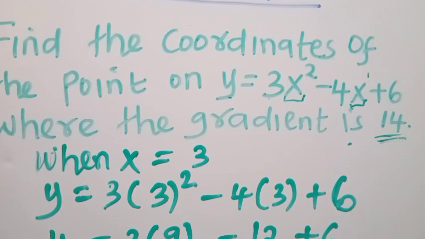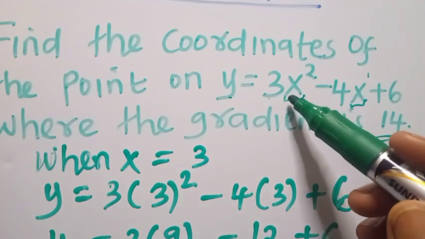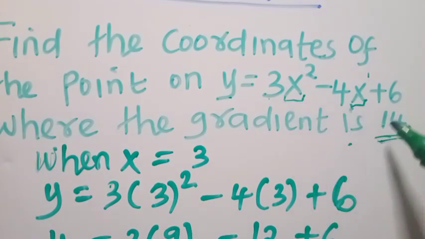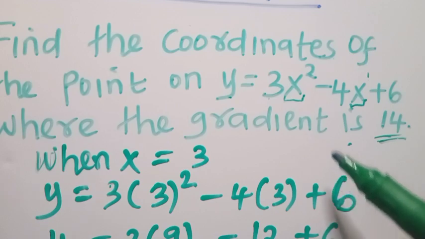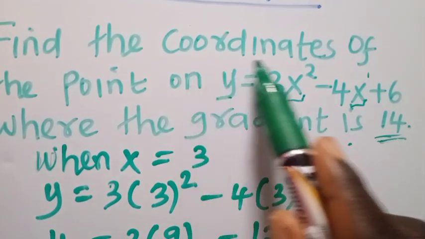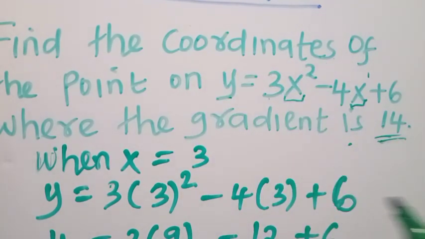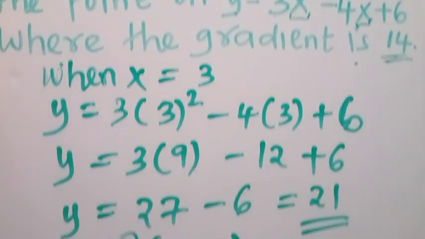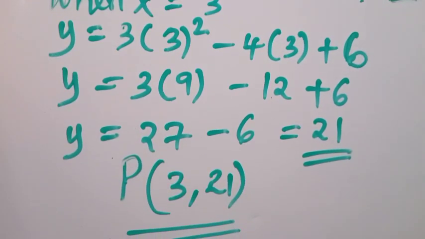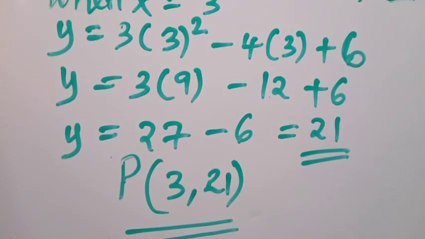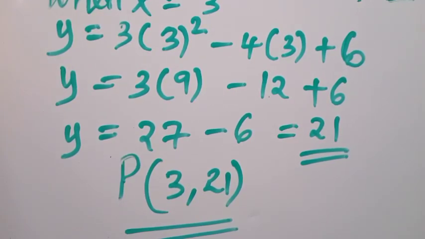After obtaining the value of x, we substitute it in our original equation of the curve, and we obtain the value of y. So the coordinates will be x comma y, and this is what we have obtained, that is 3 comma 21. And that is the coordinates of the point on the curve where the gradient is 14.